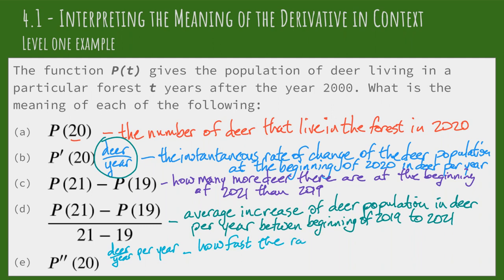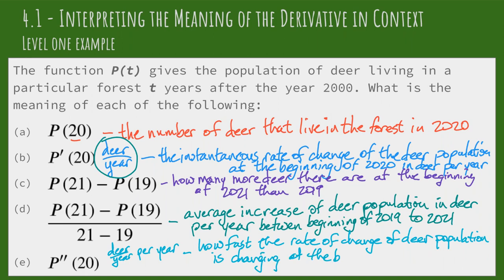the rate of change of the deer population, so how fast that rate of change is changing at the beginning of the year 2020.